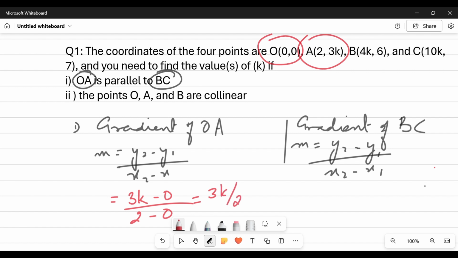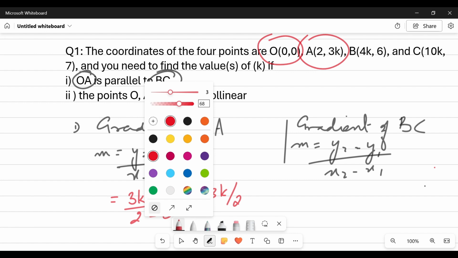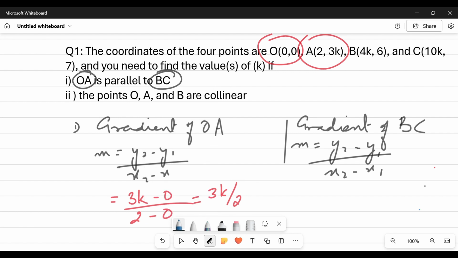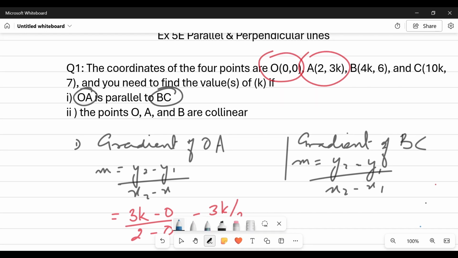Then the other one, B and C. The coordinates of B are (4k, 6) and C is (10k, 7).